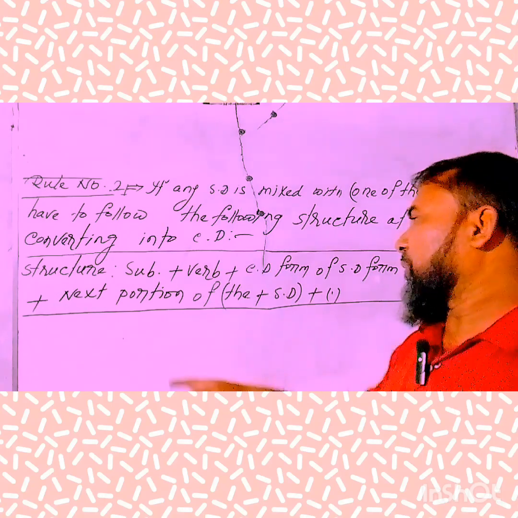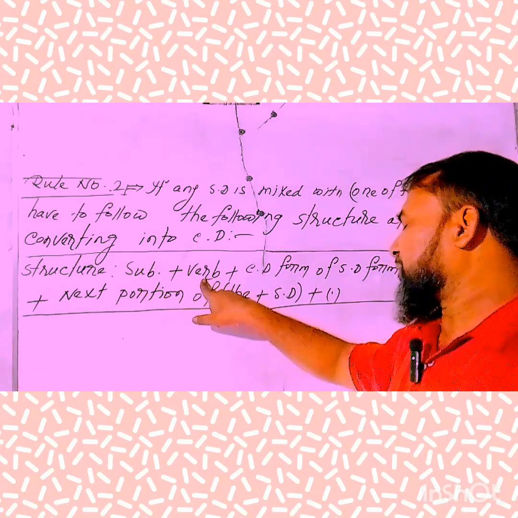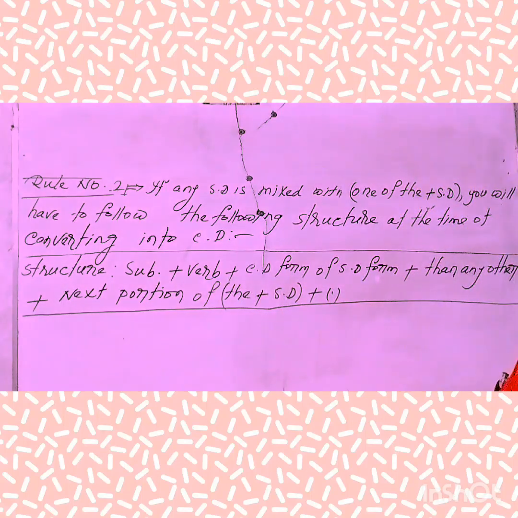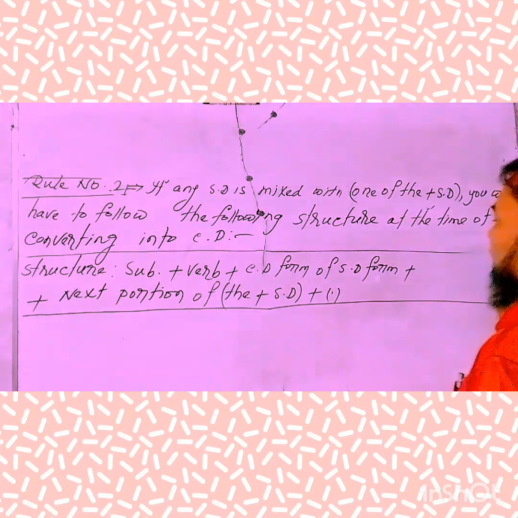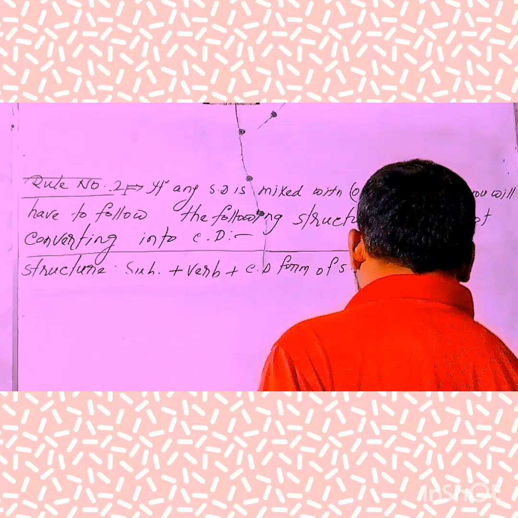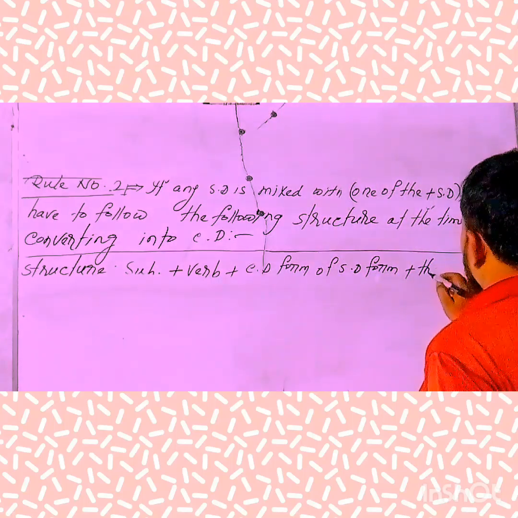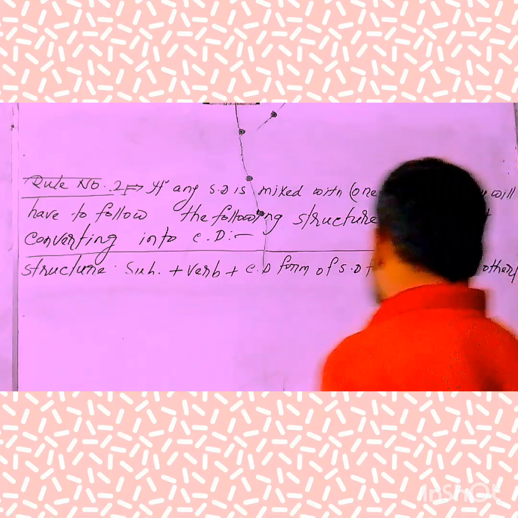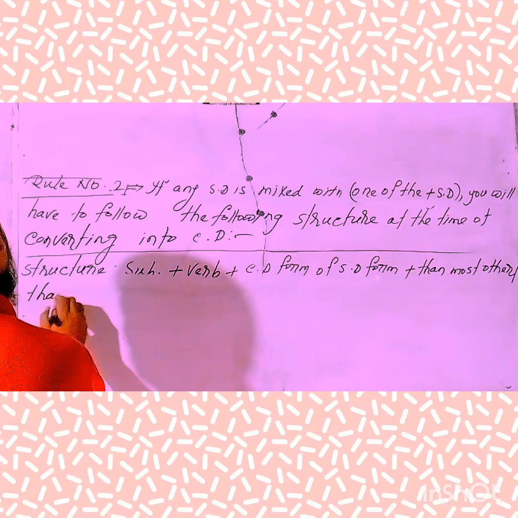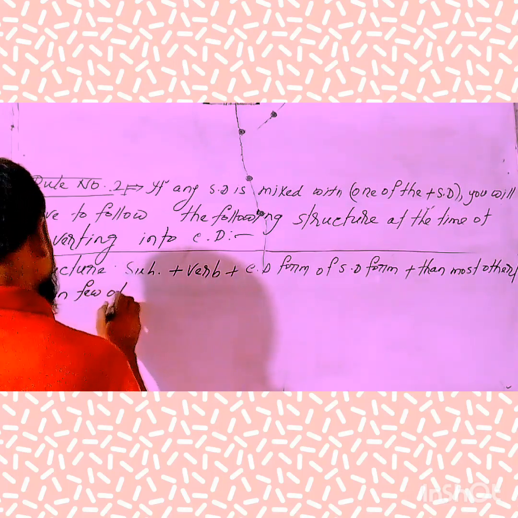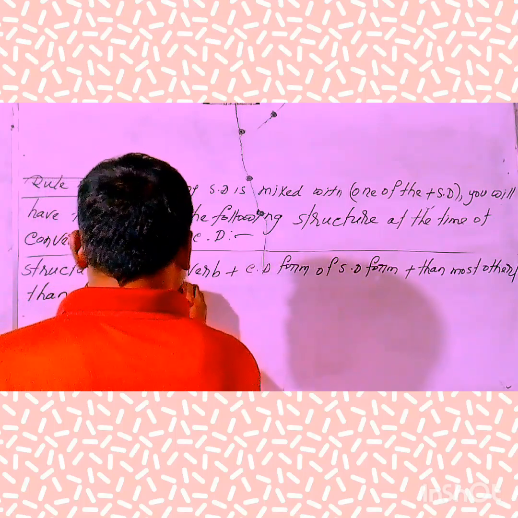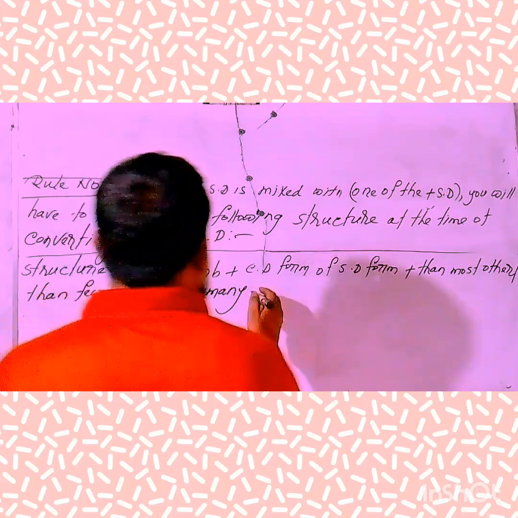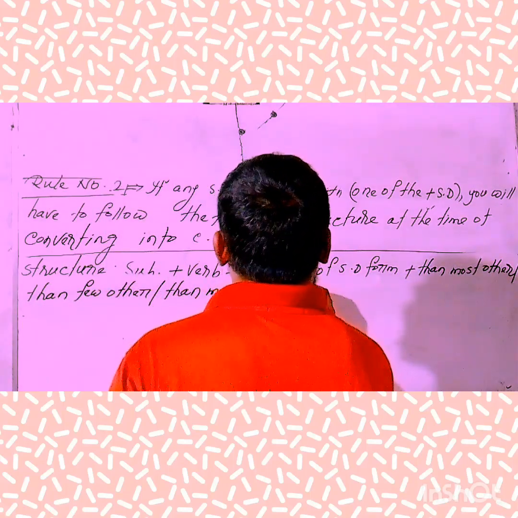At first, in this case, you will have to use subject. Number two, verb. Number three, CD form of HD form. In this case, my dear learners, we will have to use this place than most other oblique, then few other oblique, then many other.